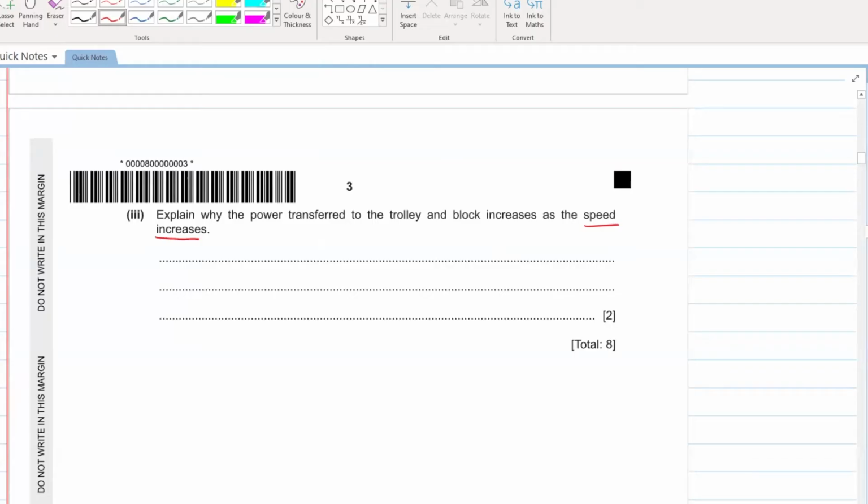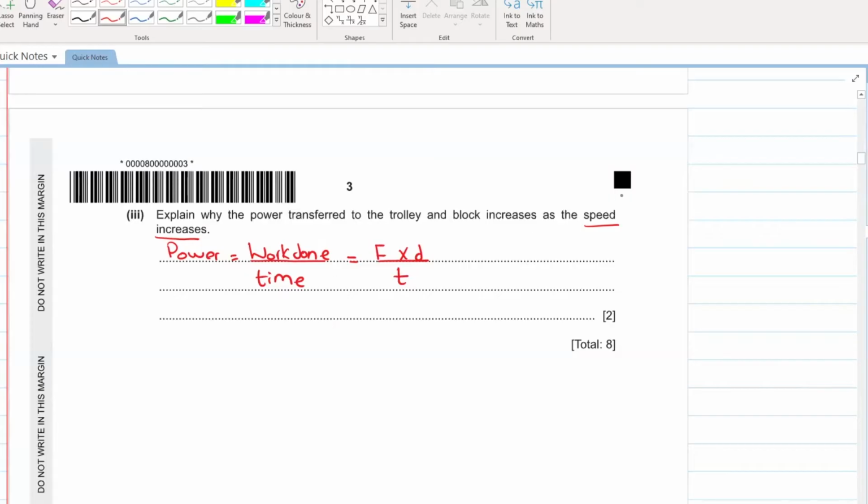You have to थोड़ा सा think out of the box. Power is equal to work done over time. And how can you break work done down? Work done is equal to force into distance, over time.